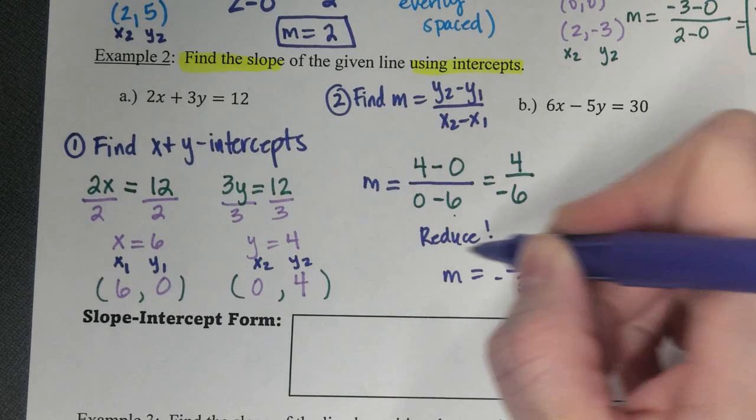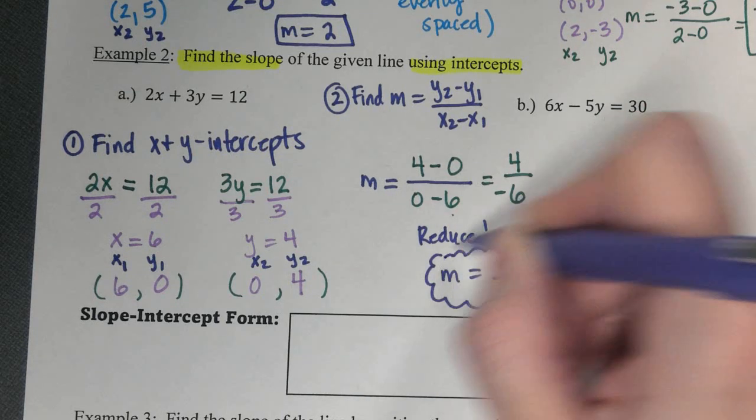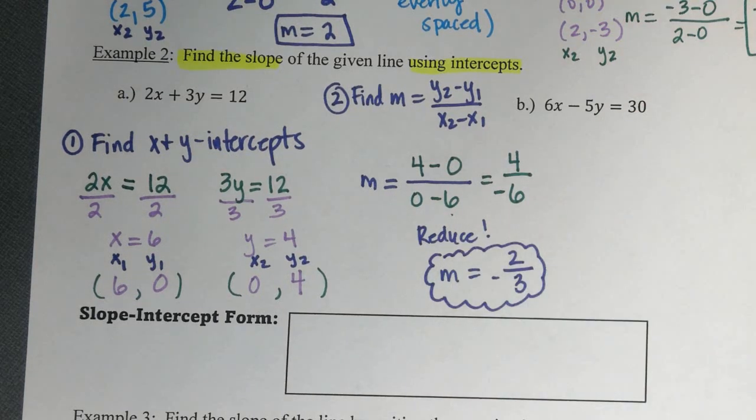So then this will be your final answer. Another way that you could check to see if it reduces is that ABC button. Okay? All right, and then I want you to do B on your own, and then we'll come around and check that, and once you got that right, I'll give you your practice, okay?